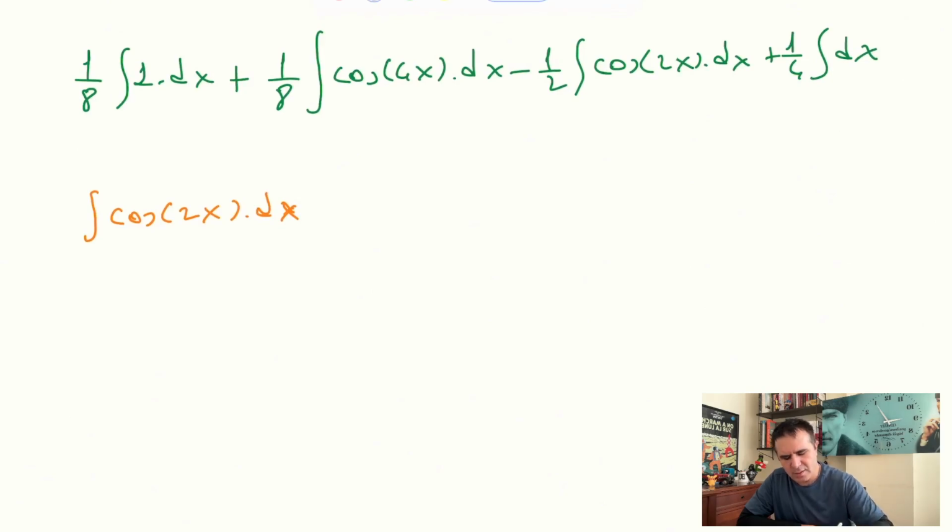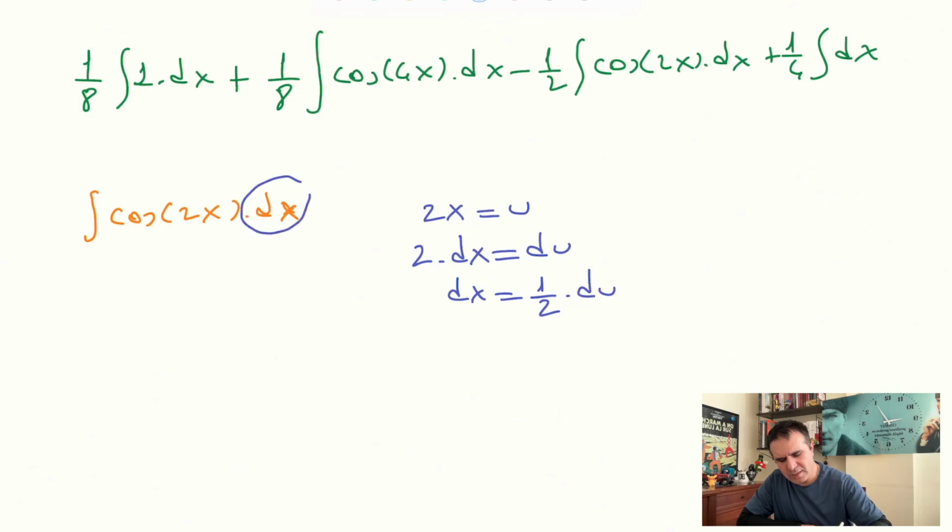Here, the variable is 2x, so we will say that 2x will be equal to u. Then differentiate both sides. 2 times dx will be equal to du. This means dx is 1 over 2 du.